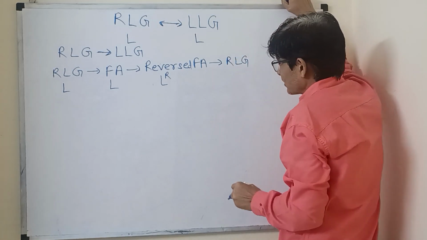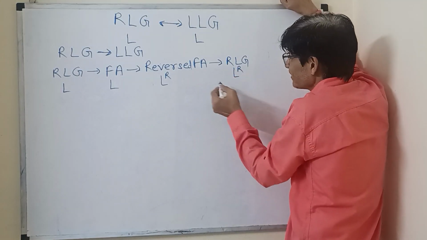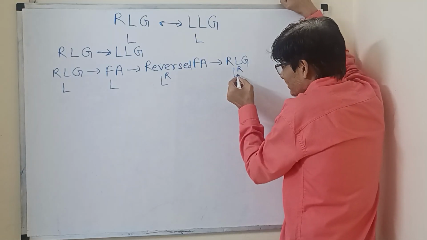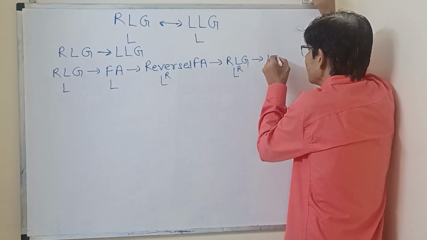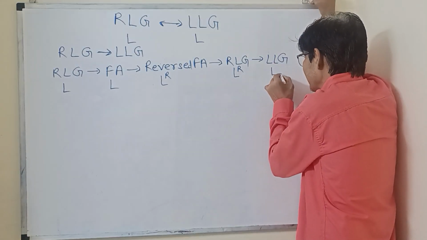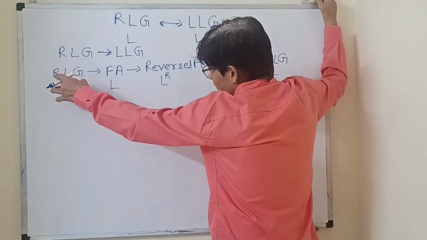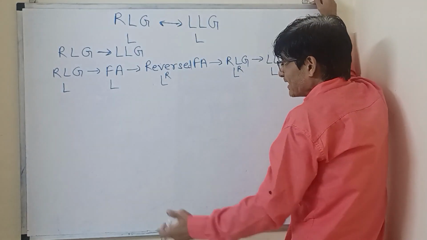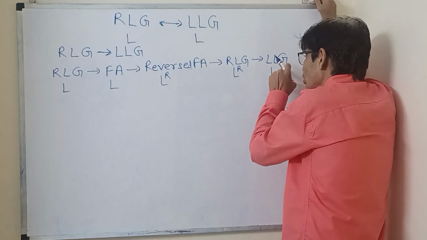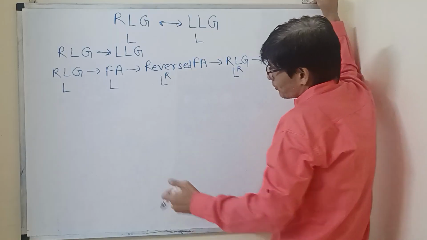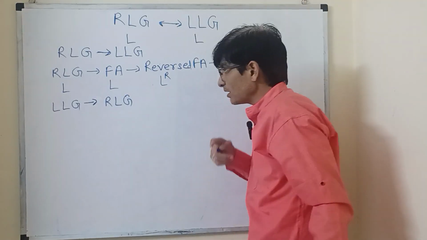This RLG will generate the reversal of L. Then by reversing the right hand side of each production, you will make an LLG, which will generate language L. So if your RLG was generating language L, by all these conversions you have converted it to an LLG which is also generating language L. This is the process to convert any RLG to an equivalent LLG.